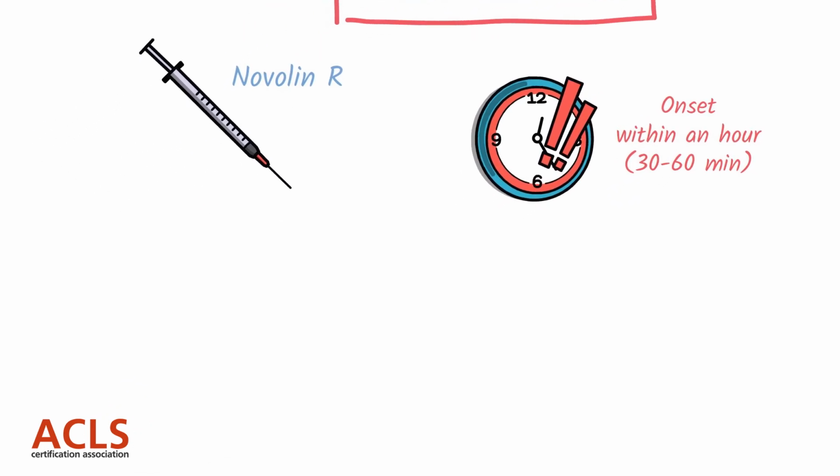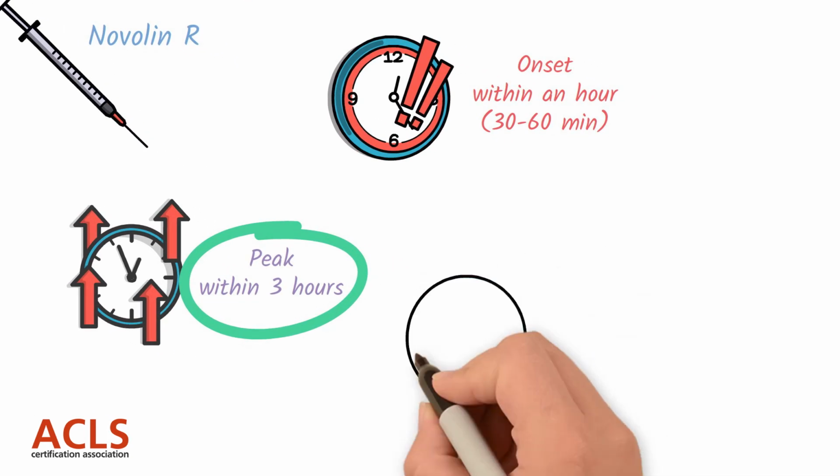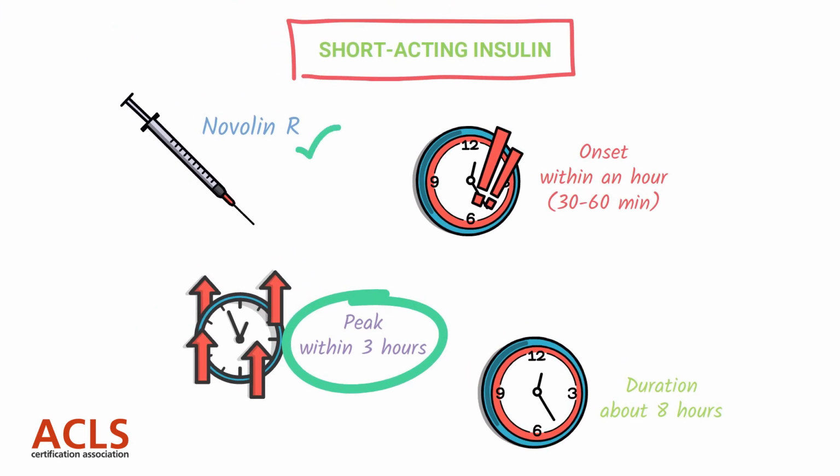It takes a little bit longer for the short acting to peak. So within 3 hours, these insulins peak out. And then within about 8 hours, these insulins are out of the patient's system. So your rapid and your short acting do their job and are out of the system within 8 hours, all right? And that is your Novolin R or your regular insulin.